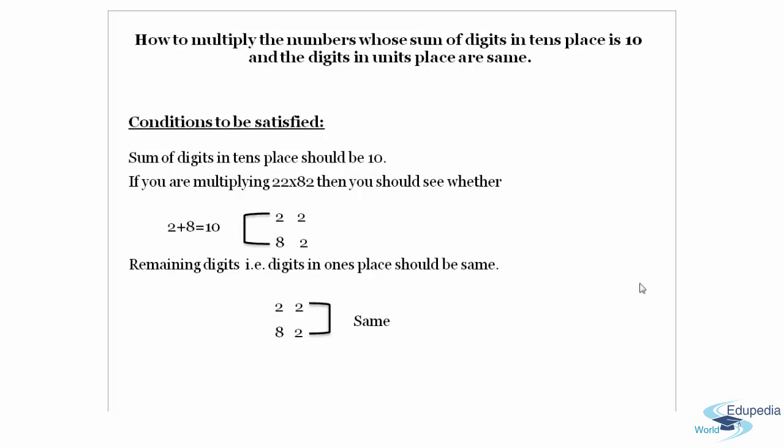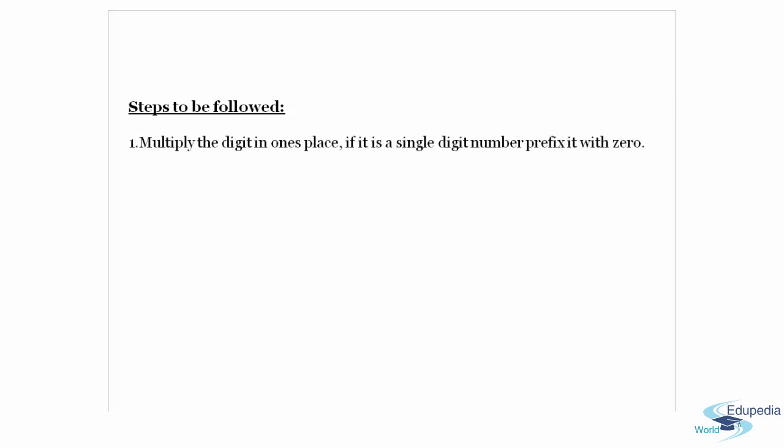Now let us see the procedure to follow while applying the technique. Step number 1: at first, we have to multiply the digits in the ones place, and if you get a single-digit number, you have to prefix it with 0. Step number 2: move on to the digits in the tens place and multiply them.